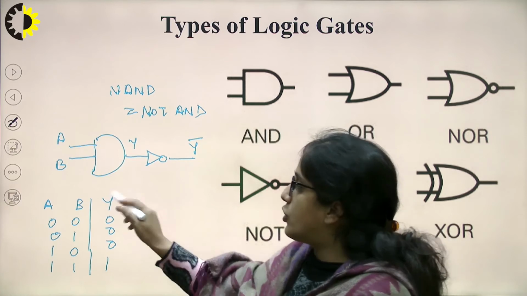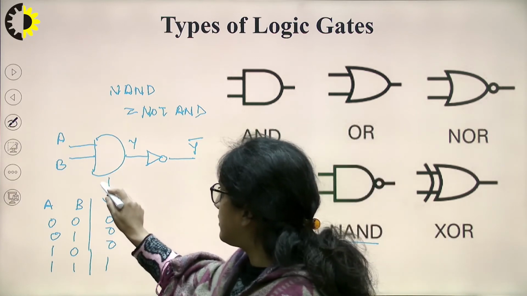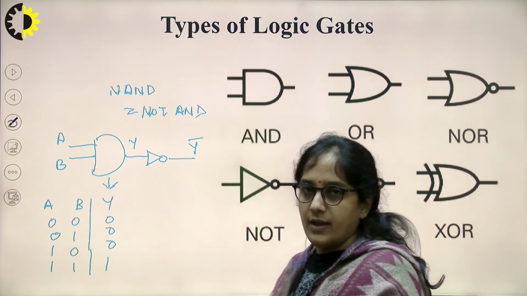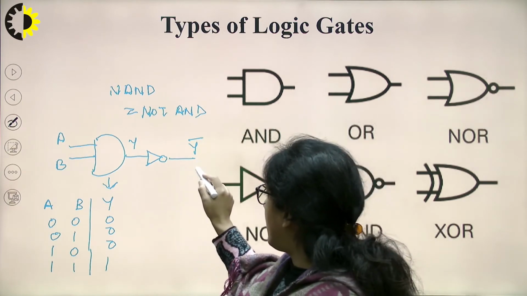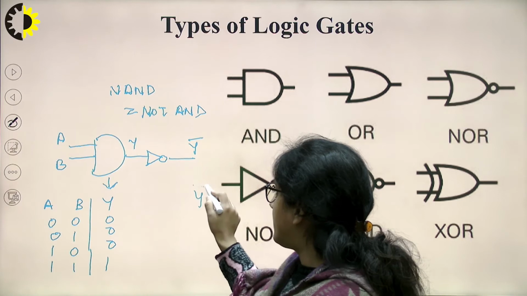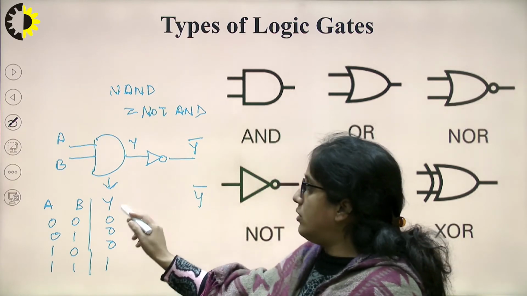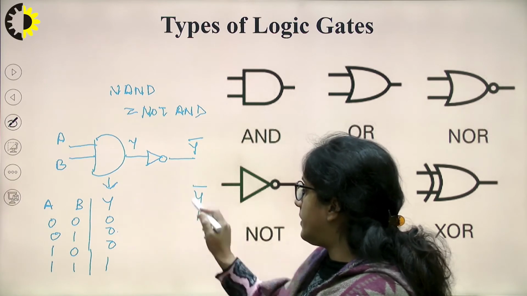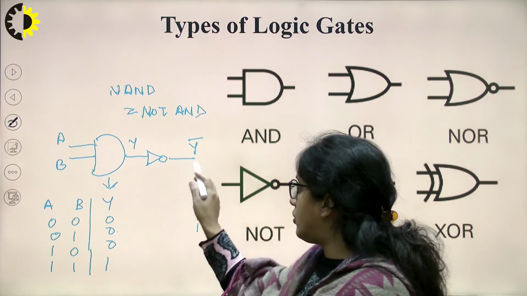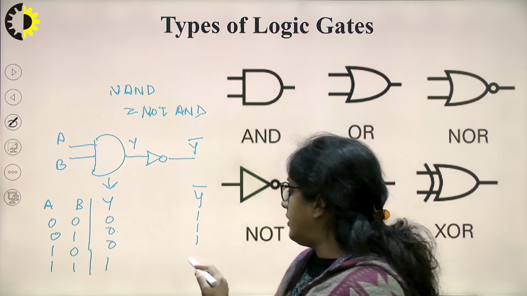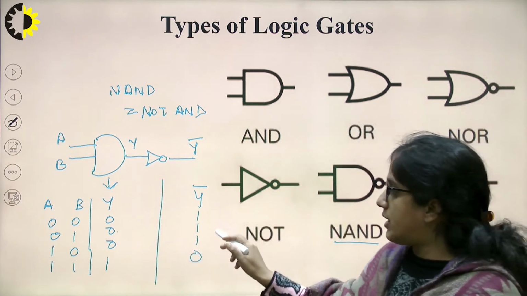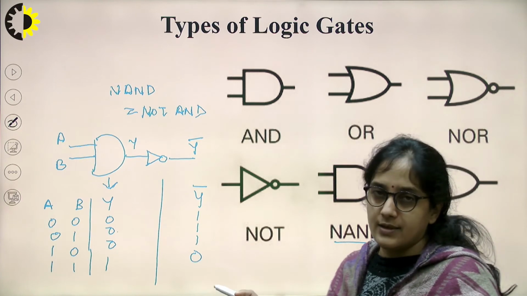This is the truth table for the AND gate. Now we are going to complement this Y, and we have to obtain this Y complemented version. So 0, the complemented version will be 1; 0, complemented will be 1; 0 1 1 0. Okay. So this is the truth table for the NAND gate.